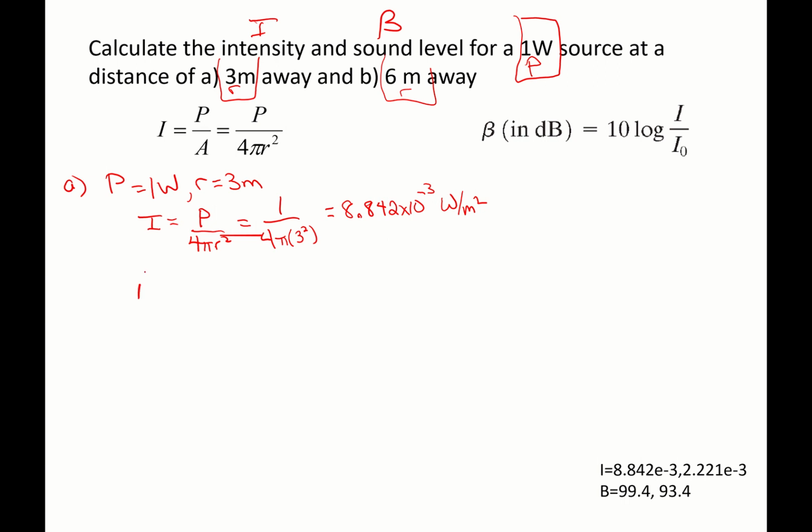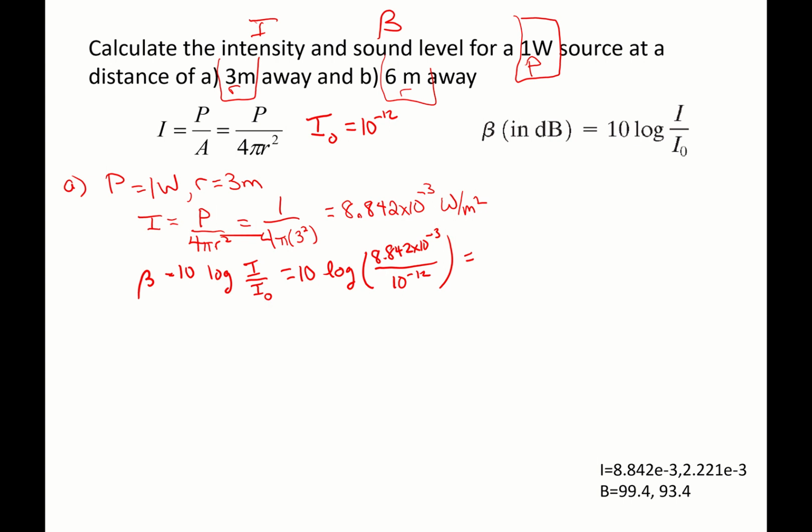What's the sound level? Well, beta is equal to 10 times the log of I over I0. So I've just found my I. What's I0? I0 is a constant. I0 is just 10 to the minus 12. Okay, so beta is 10 times the log of 8.842 times 10 to the minus 3 over 10 to the minus 12.